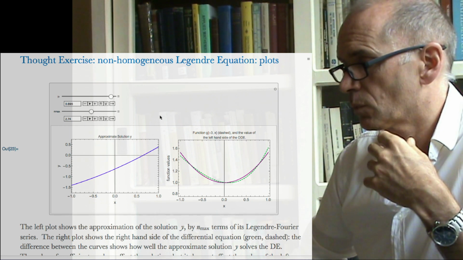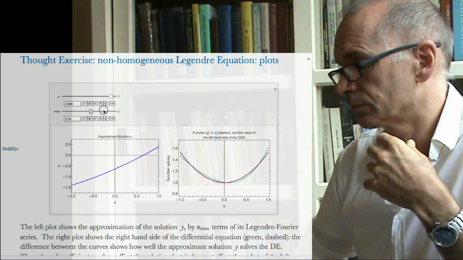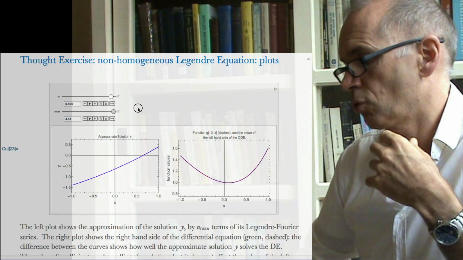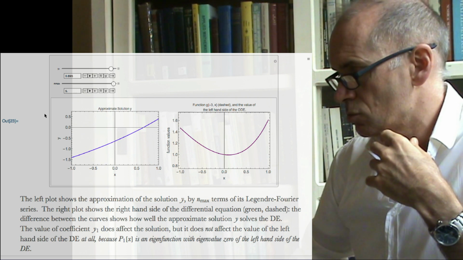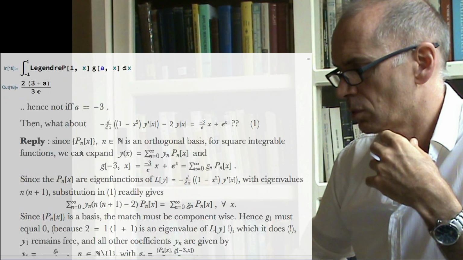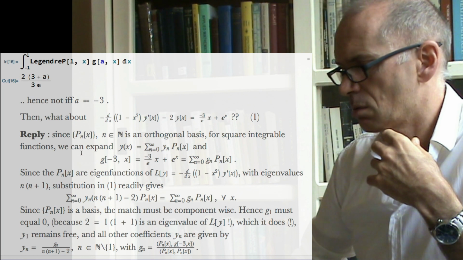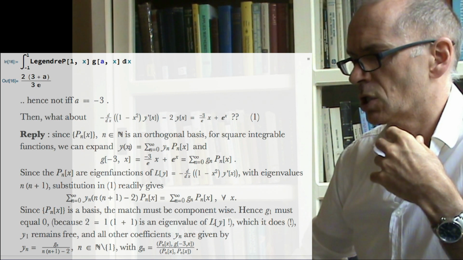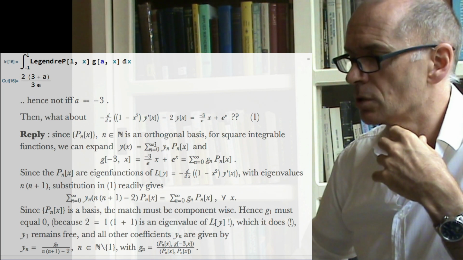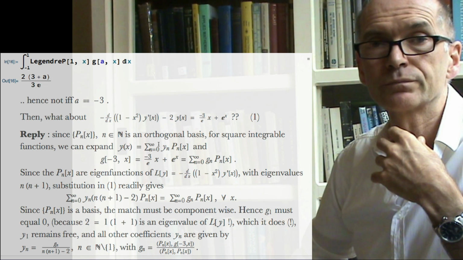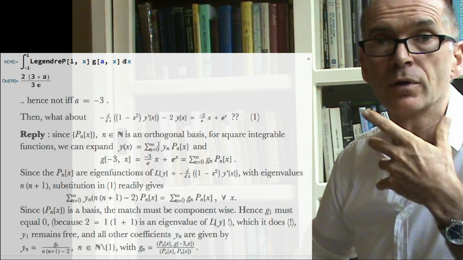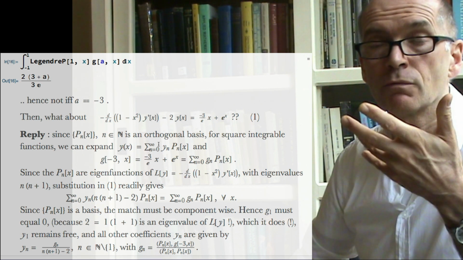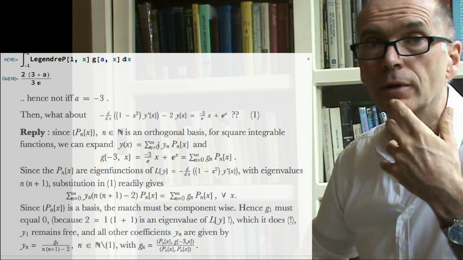See? And once again, by adding more terms to this expansion of y, so increase the upper bound. The exact solution is infinitely many terms, but in the plot I have partial sums, so I have a finite number of terms that I plot.